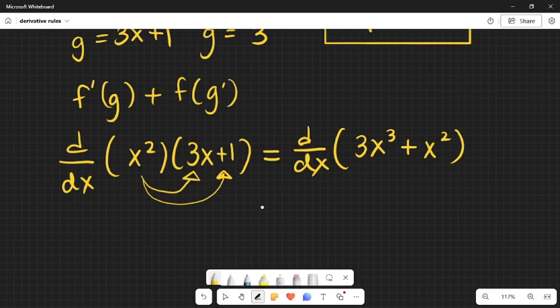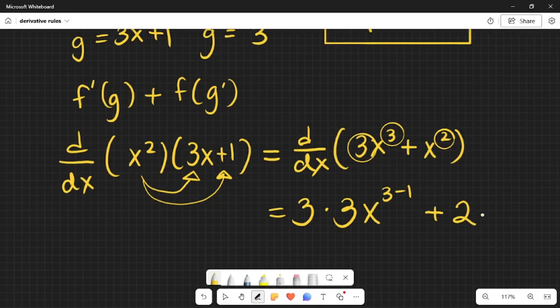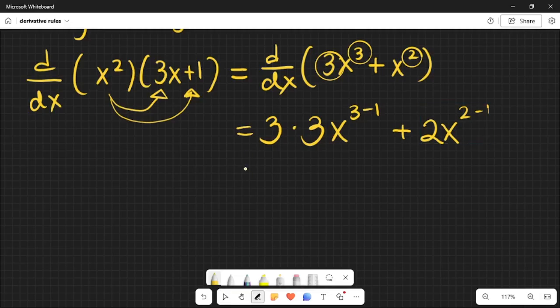So the derivative is, we're going to find 3, which is the constant, and then we put 3 again, x to the 3 minus 1, plus the exponent here, we put it in front, and it would be x to the 2 minus 1. Simplify this, it would be 9x squared plus 2x.